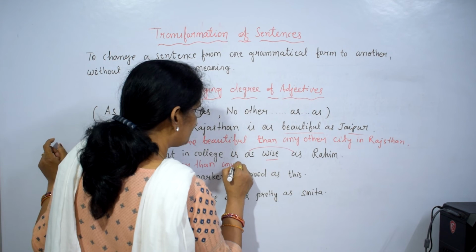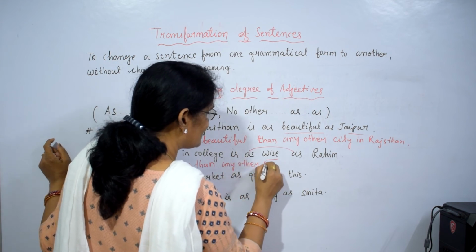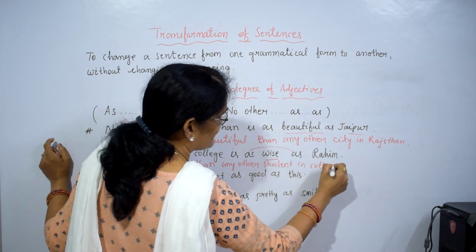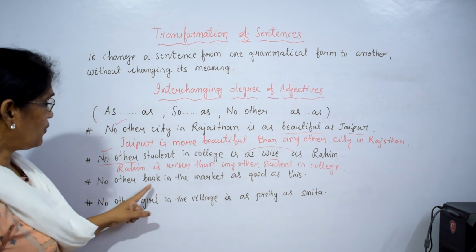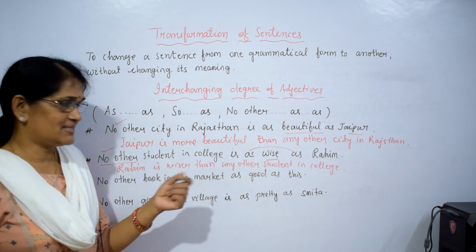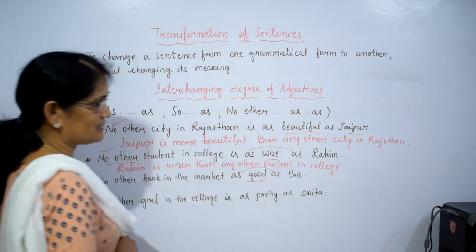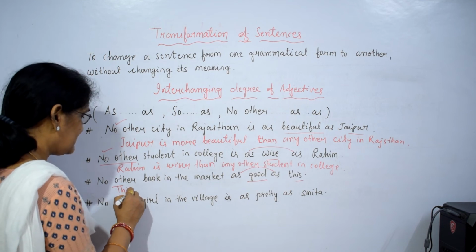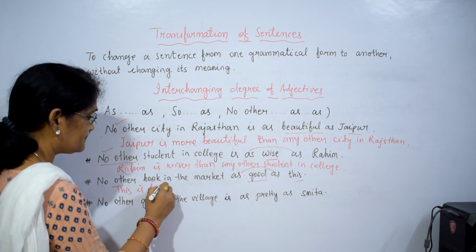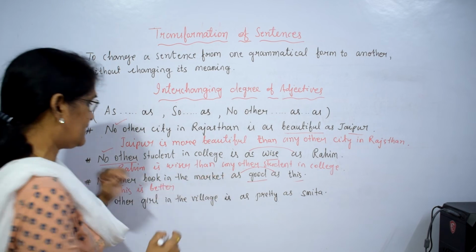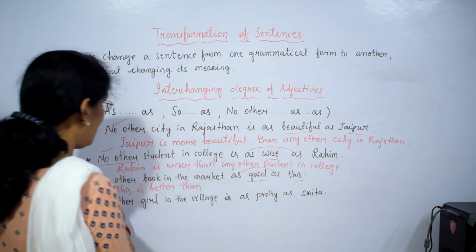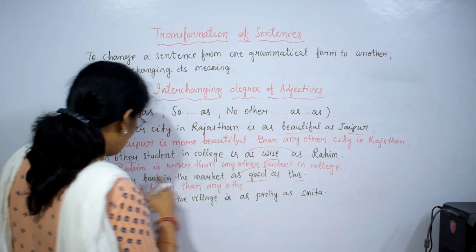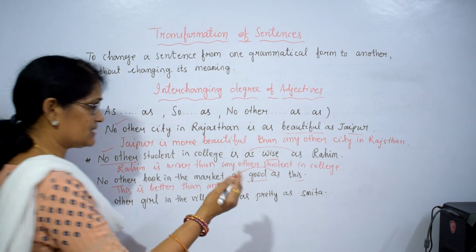Next: No other book in the market is as good as this. As good, comparative degree better. So the subject is this. This is better than any other book in the market.